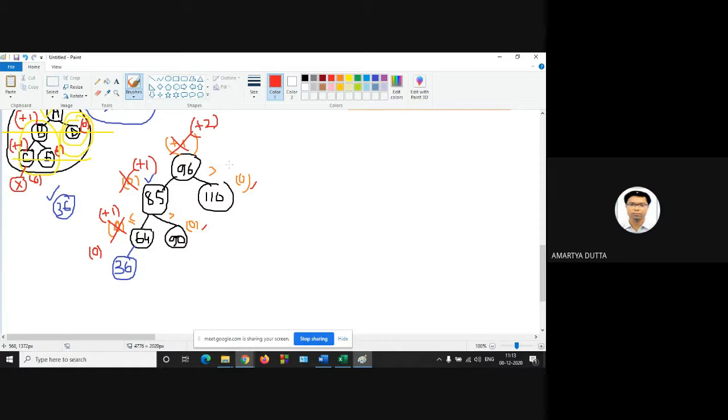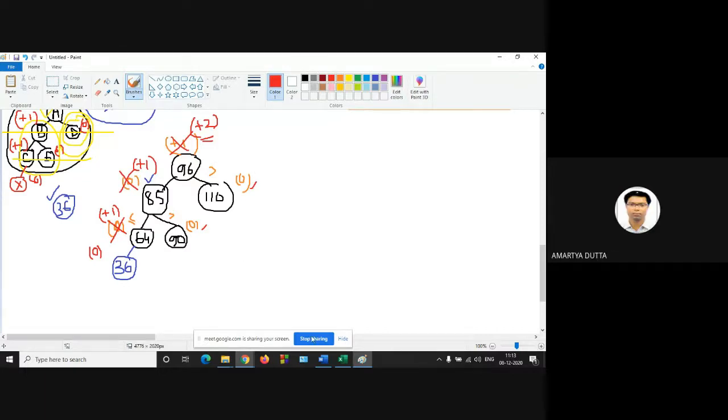The height of the left subtree of 96 minus the height of the right subtree of 96 is 2, and the left subtree is greater than the right subtree, that's why plus 2. Okay. Now it is not an AVL tree. Is it an AVL tree? No, sir.